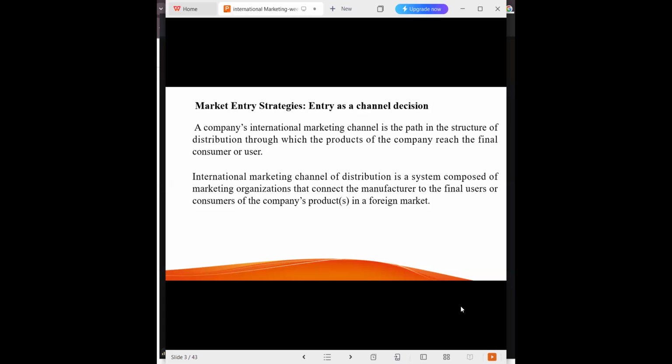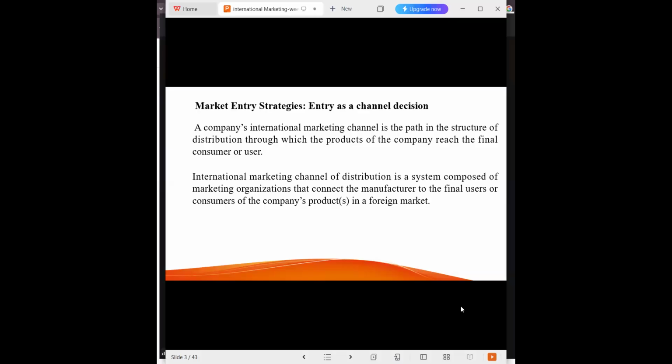So in as much as they want to take their product to that market, how would they go about it? What would the structure of distribution be like, or what would that distribution channel be like? So that is very important, because the distribution channel will also determine the kind of entry mode that that organization will find themselves in. And international marketing channel of distribution is a system composed of marketing organizations that connect the manufacturer to the final users or consumers of the product in the foreign market.